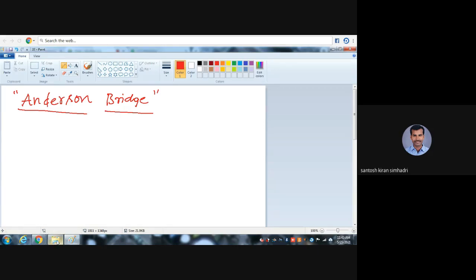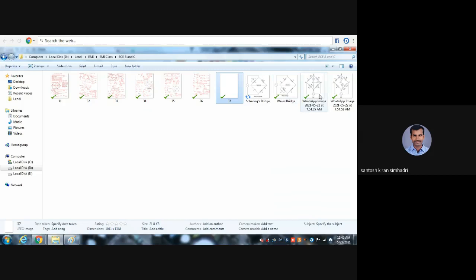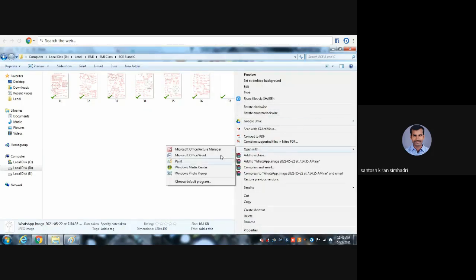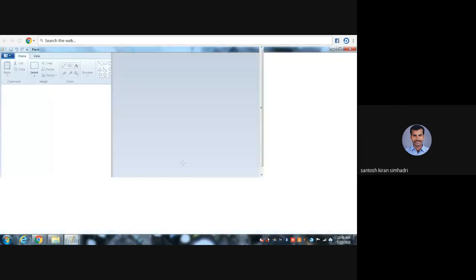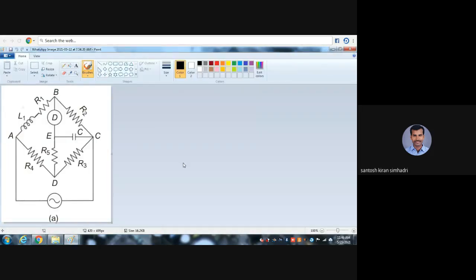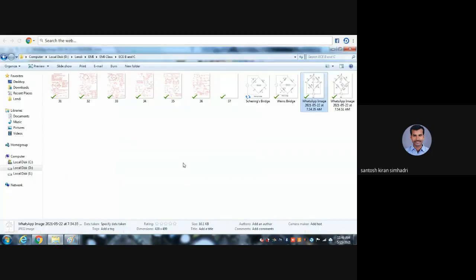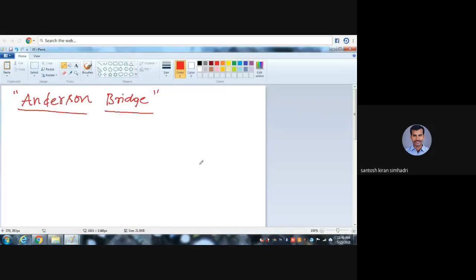I will directly copy the circuit diagram, with no need for detailed explanation, because we already discussed the previous concepts in detail.